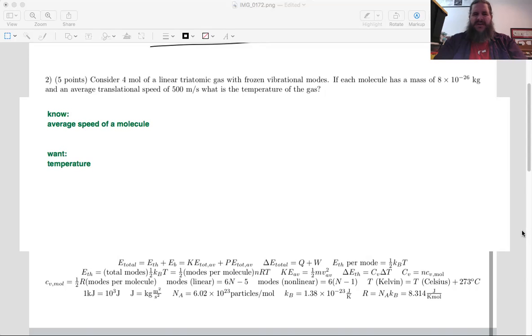Somebody just mentioned it in the chat just a few minutes ago, the idea of equal partition of energy. What do we mean when we talk about equal partition of energy? What is equal partition in the first place? What do we mean when we say energy is experiencing equal partition?